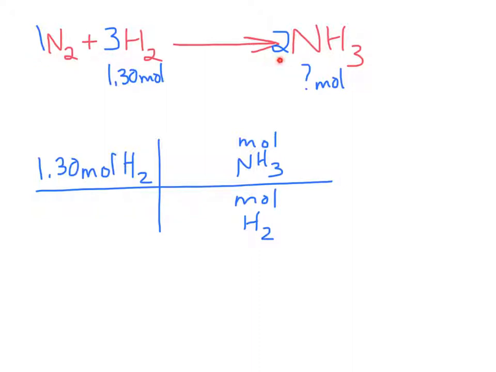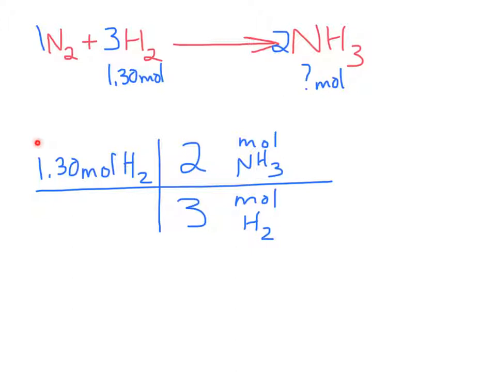and we're going to use the coefficients in the balanced equation. So the coefficient of ammonia is 2, which means we're going to put a 2 right here. And the coefficient for hydrogen is 3. So we're going to put a 3 on the bottom. When I put this in my calculator, I get 0.8666666667.